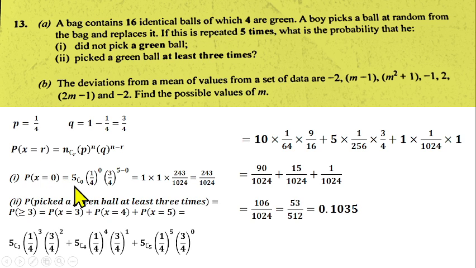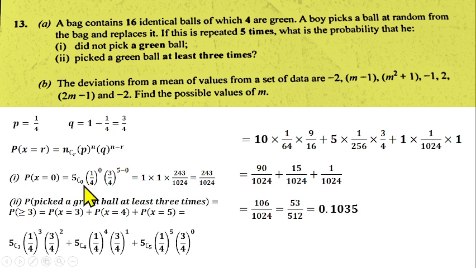So x equal to 0, we have 5 combination 0 into bracket 1 over 4, which is the probability of success, raised to power x or r, which is 0. Then into bracket 3 over 4 raised to power 5 minus r, or x, which is 0.